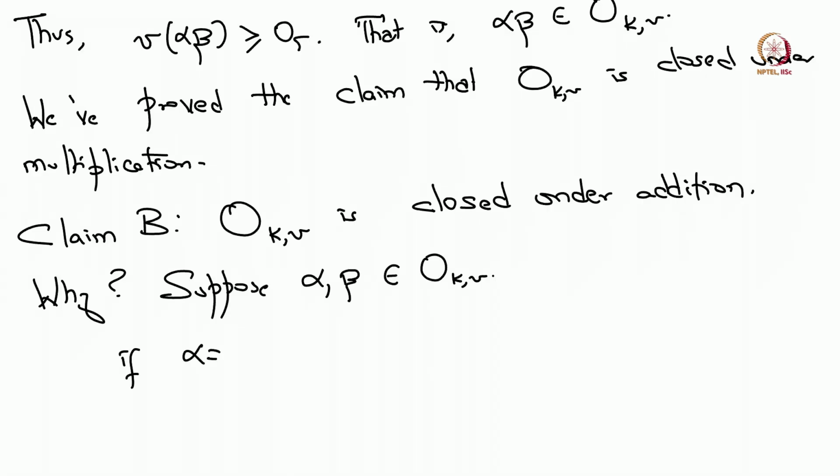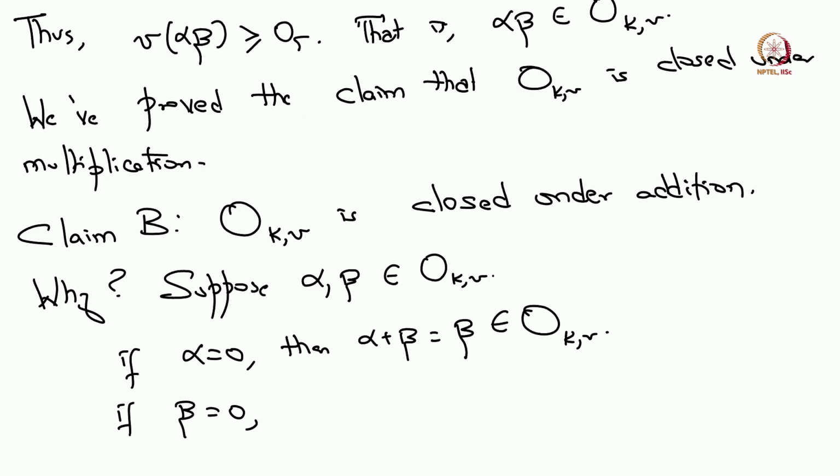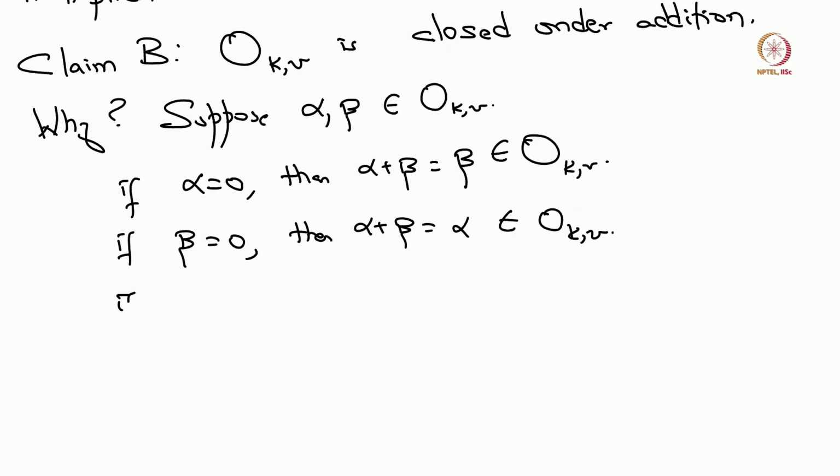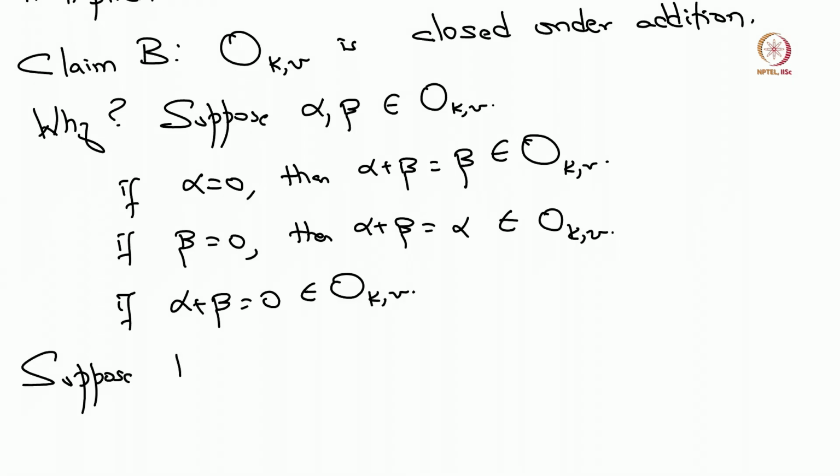Now if alpha is 0, then what's alpha plus beta? That's just beta, and so that must belong to OKV. And similarly, if beta is 0, then alpha plus beta is just alpha, and that belongs to OKV. And if alpha plus beta is 0, that also belongs to OKV. It's by construction. And so we just suppose without loss of generality that alpha is not 0, beta is not 0, and alpha plus beta is not 0.